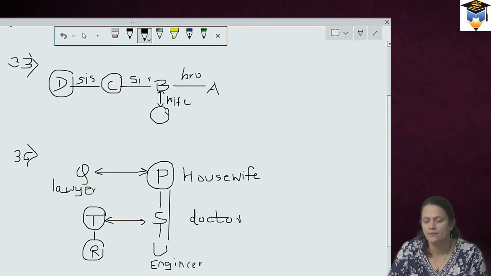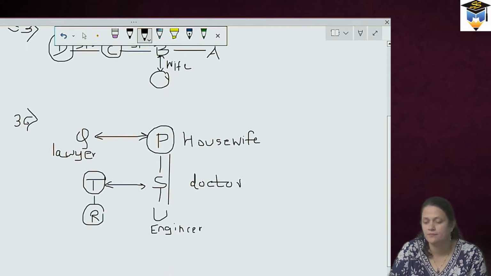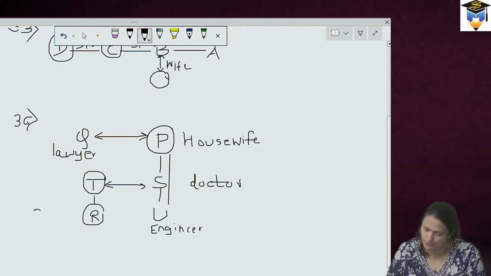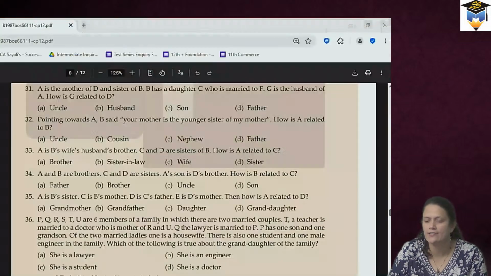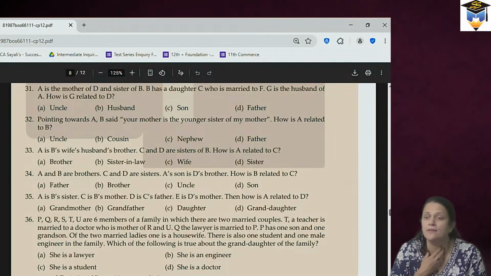So what do you think? Doctor is a male. No. Who is R? असं त्यांनी विचारलं. R is a student. So she is the student will be the correct answer. Option C.